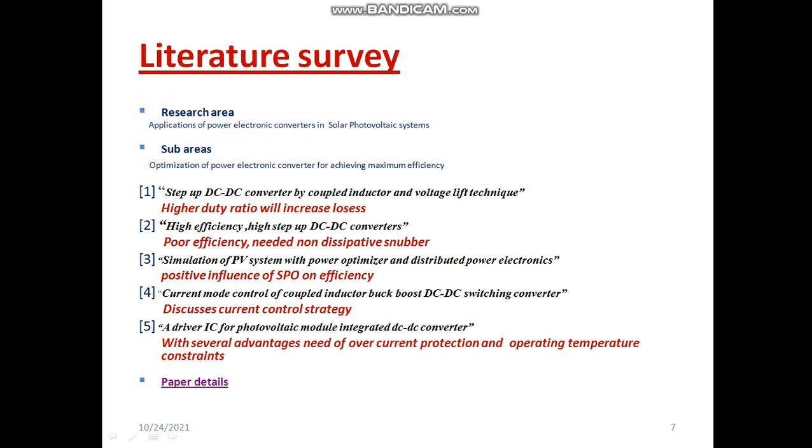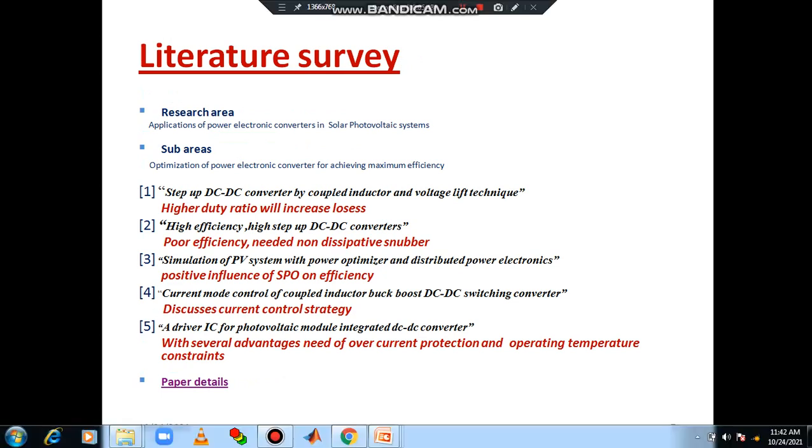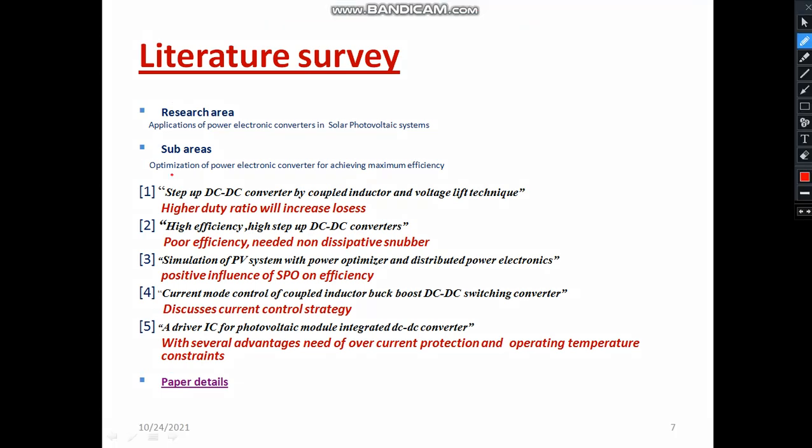The research area of this project is the application of power electronic converters in SPV systems, and the sub area I have focused on is the power electronic converter and the design technique to enhance the efficiency. I referred to many papers, and there are 5 papers which really helped me find the problem definition and move forward. In the first paper I found that the duty ratio increases, and in parallel losses become very high, so efficiency comes down.